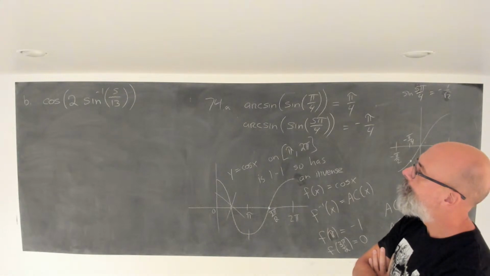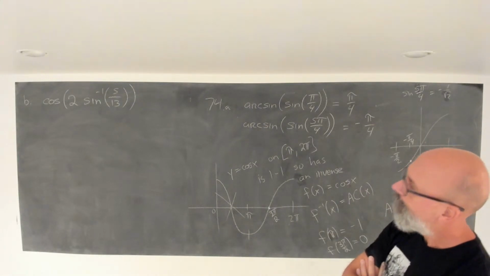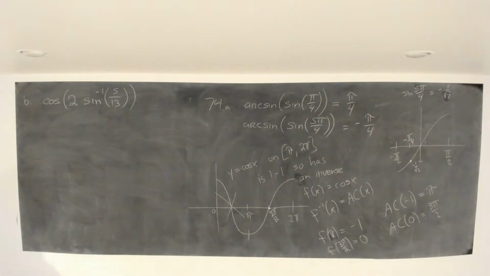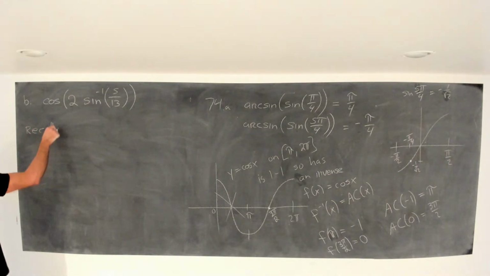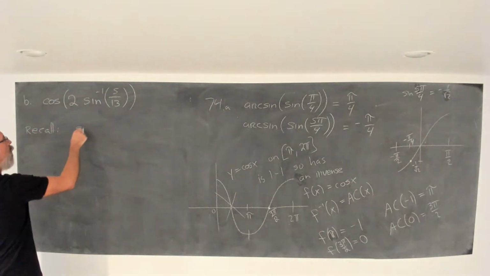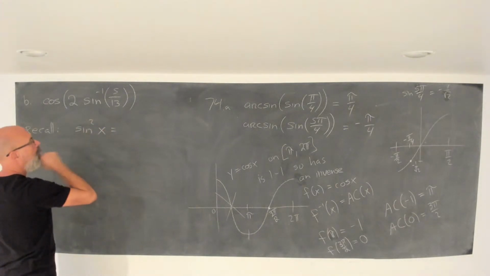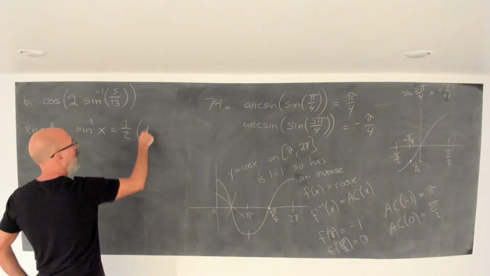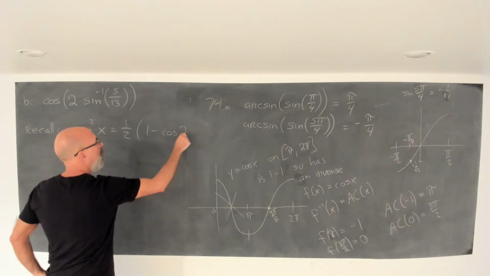All right. Let's get rid of this 2. How are we going to do that? You may recall that sine squared, we have the half angle or double angle identities, 1/2 of 1 minus cosine 2x.